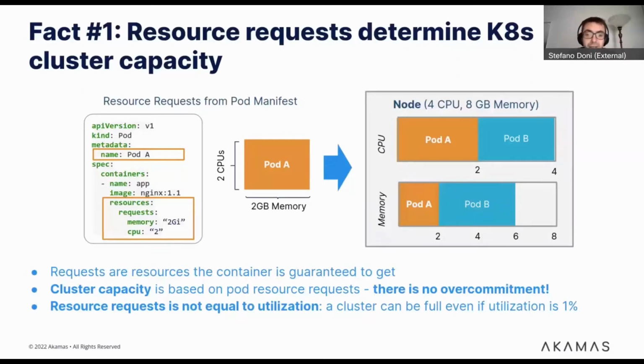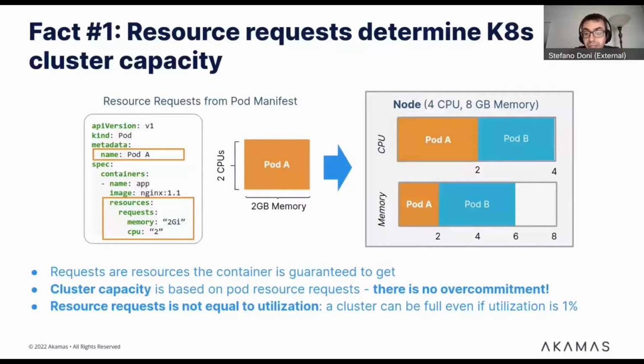So when we ask Kubernetes to schedule this container, Kubernetes will consider this amount of resources in order to understand where and when to run this pod across the infrastructure. As you can see in this example, the Kubernetes scheduler will find a node. Let's say that we have a node with 4 CPUs and 8 gig of memory, which is initially empty.